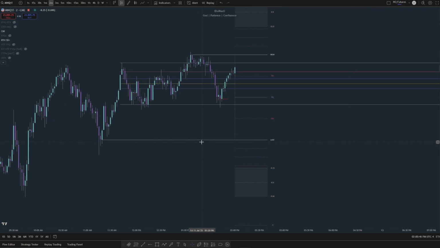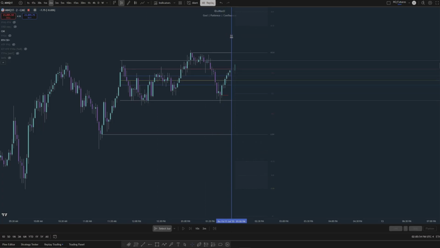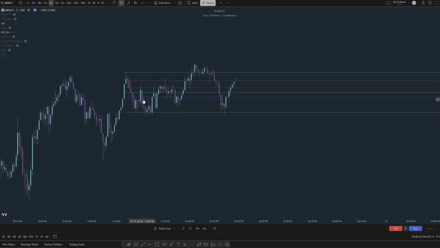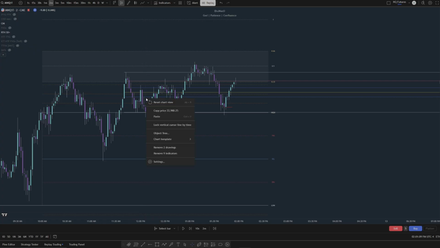Probably not. But that's the idea behind how I use my fibs. Being in those deviations is going to give me a better idea because, as you saw, being in these deviations, even though we respected 61.8, guess where we are? We're right here at the high. Rejected it. So I may want to see another retest of the high before I would enter in a short. But that's the idea behind it.